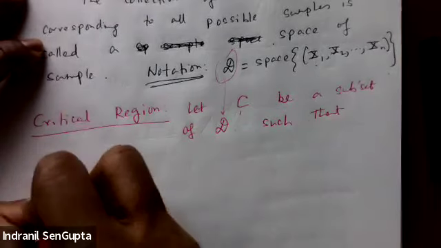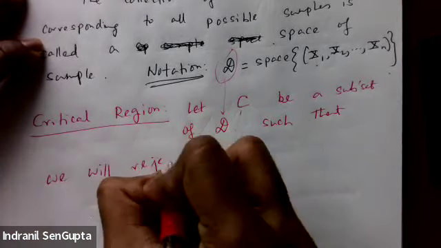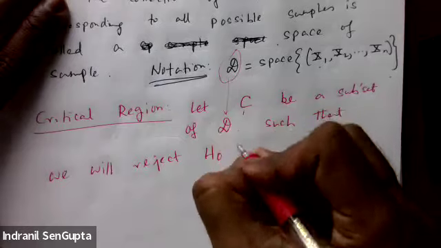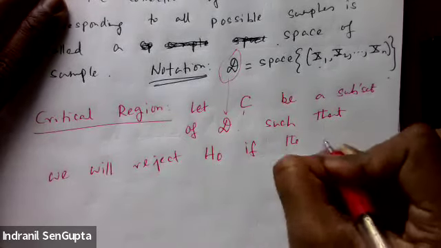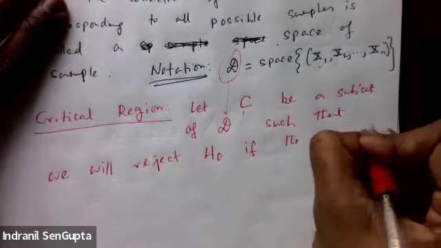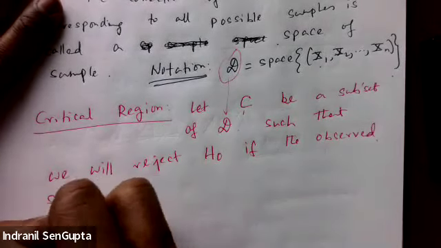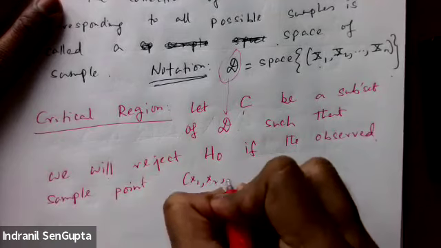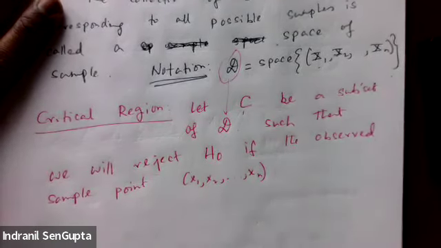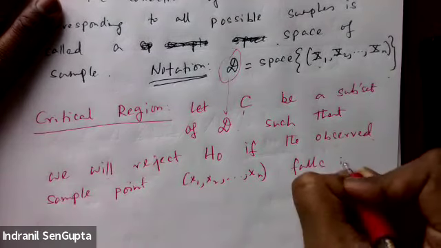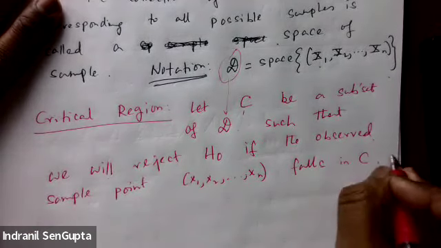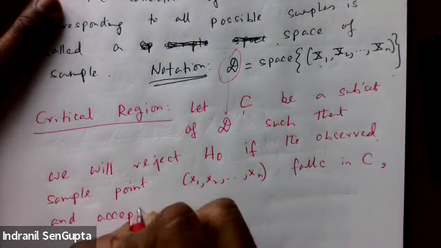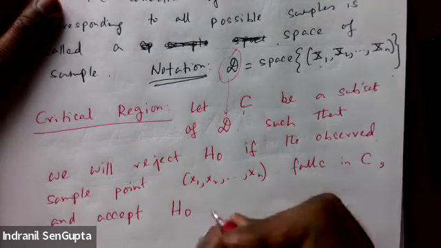We will reject H0, the null hypothesis, if the observed sample point x1, x2, ..., xn falls in C, and accept H0 otherwise.